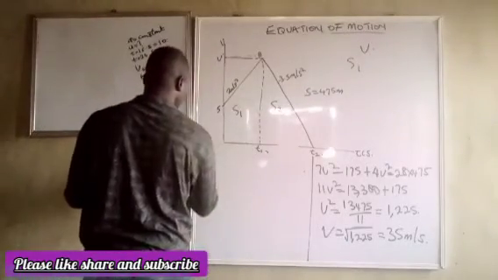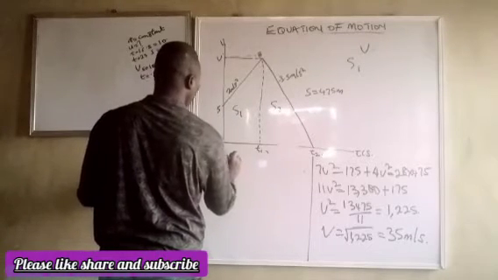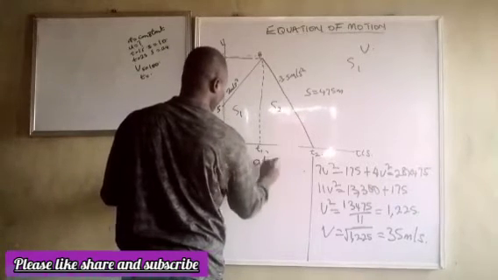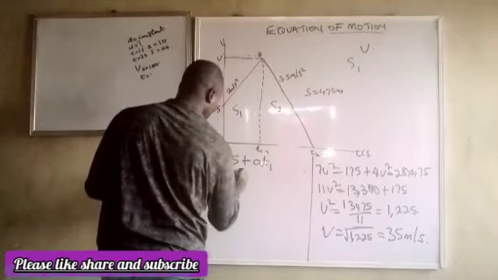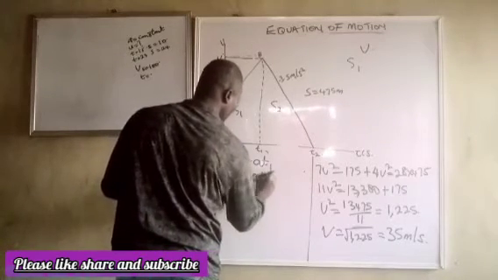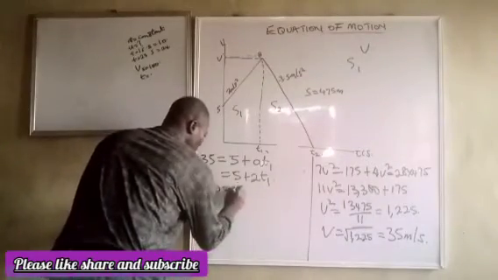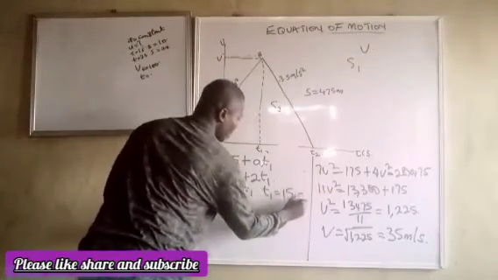so what is T1? So 35 is equal to 5 plus at. And a is 2. So which is 5 plus 2 T1. So 30 equals 2 T1. T1 is equal to 15 seconds.